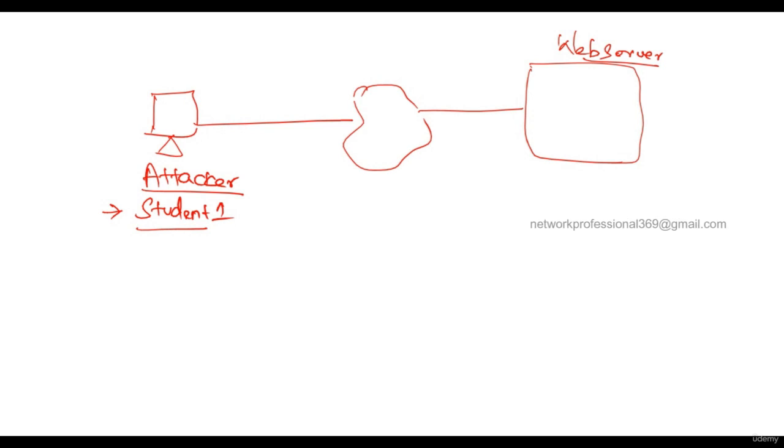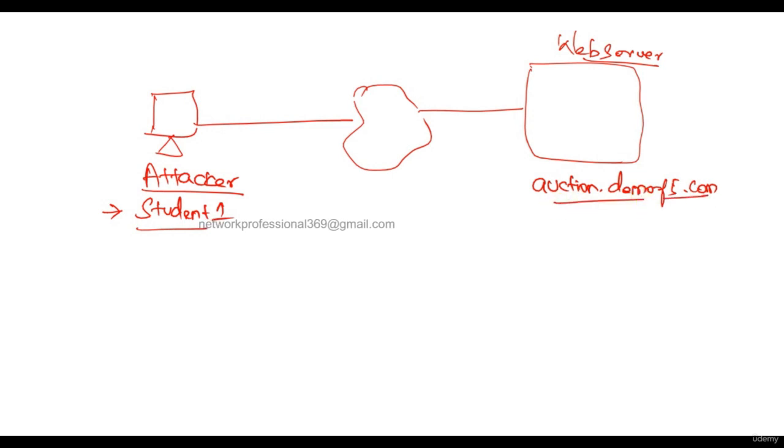How will he do it? In our example, this is auction.demofi.com, right? So this is our web URL, and if he is seeing a user profile at this particular host, the domain, the web application, what will the URL be?